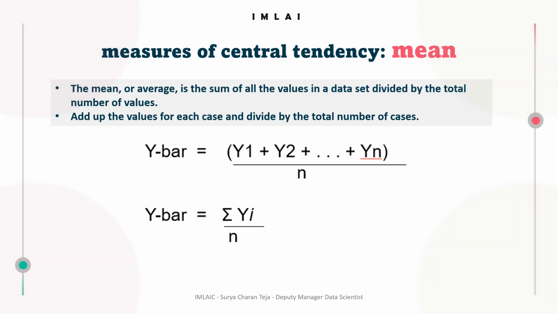If it is a population, y bar is equal to y1 plus y2 plus and so on plus yn, divided by n, the number of values.